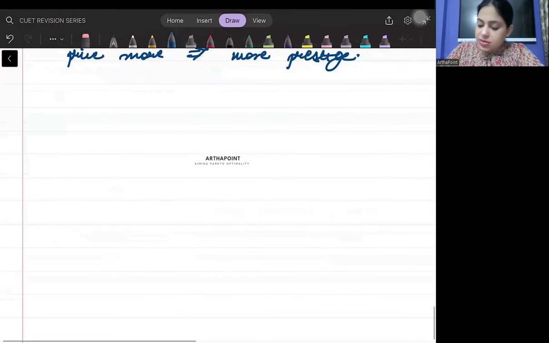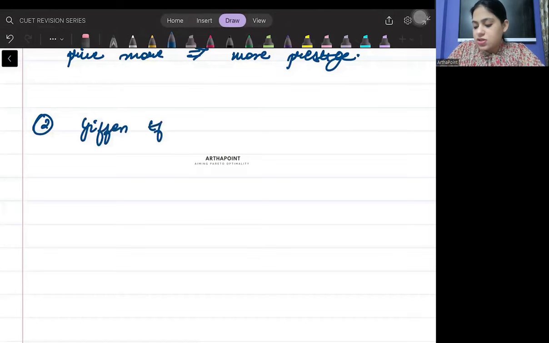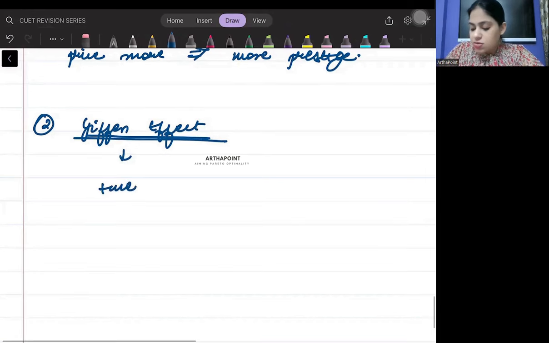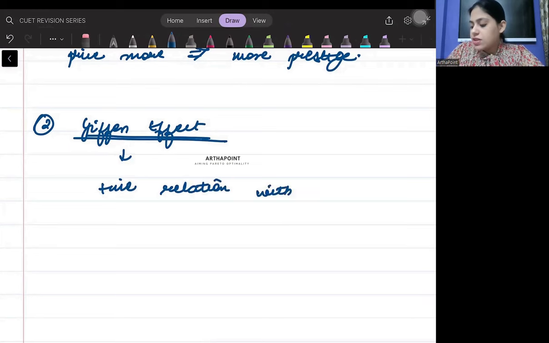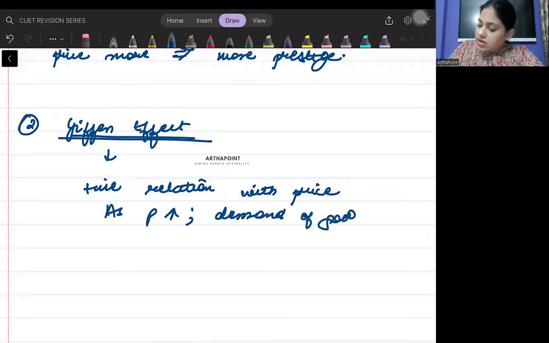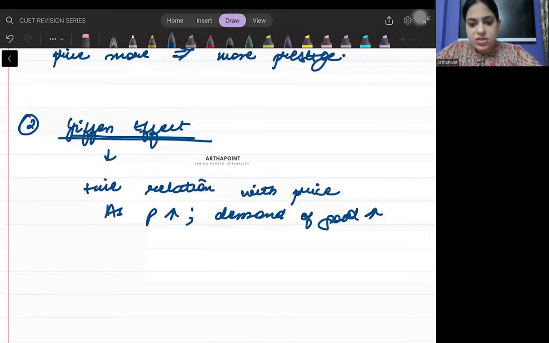Right, beta? Second, Giffen effect. The Giffen good concept was given by Robert Giffen, and he said that there are goods which have a positive relation with price. So as your price increases, the demand of the good increases and vice versa, right?